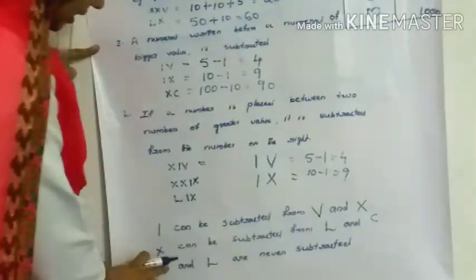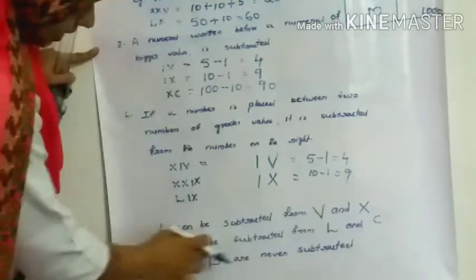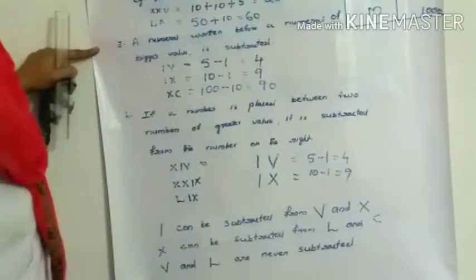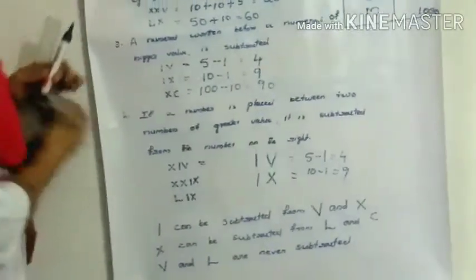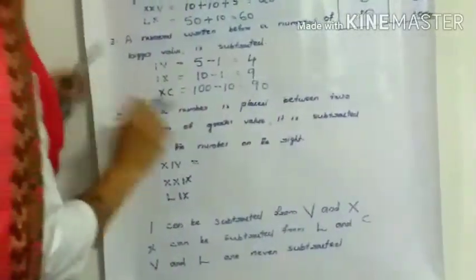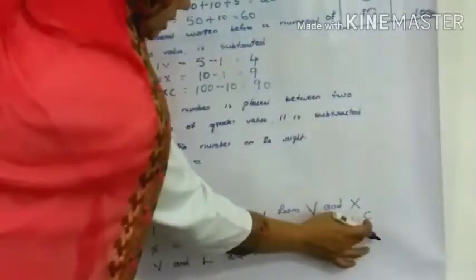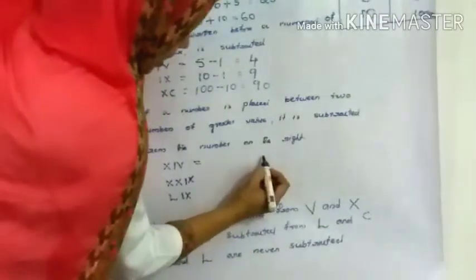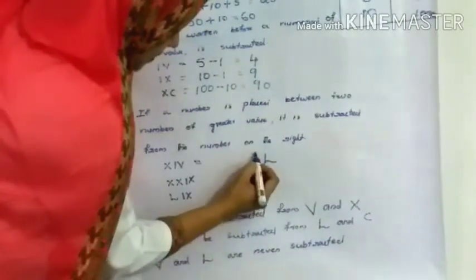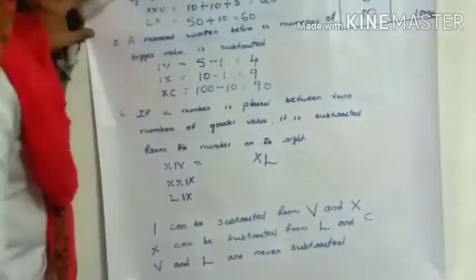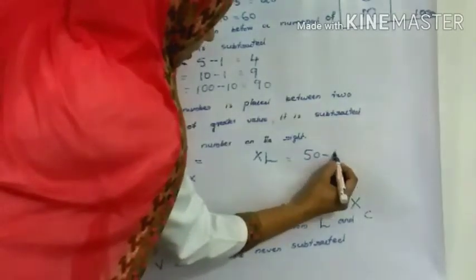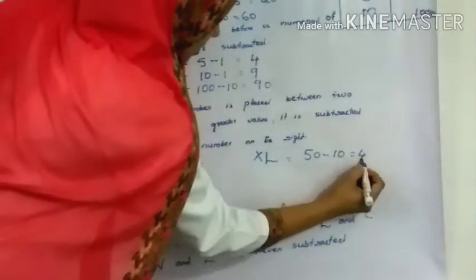Then similarly, 10 can be subtracted from L and C. L represents 50, C represents 100. If we write X before L, what is the meaning? 50 minus 10, that is 40.